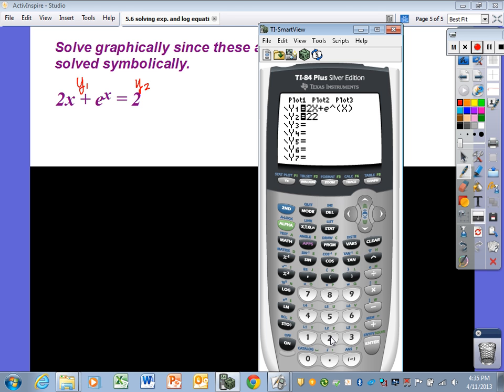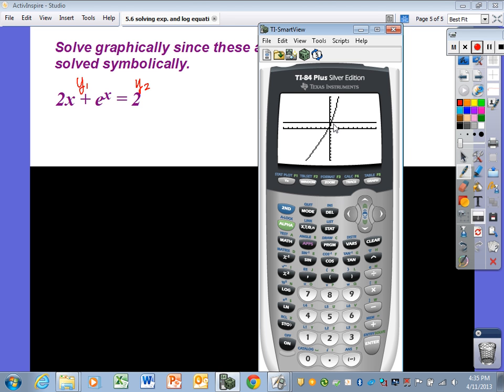Not sure what my calculator was used for last, so I'm going to do zoom 6 to have my standard window. There's 2x plus e to the x. Oh, y equals 2. There's 2. So now I have this point of intersection.